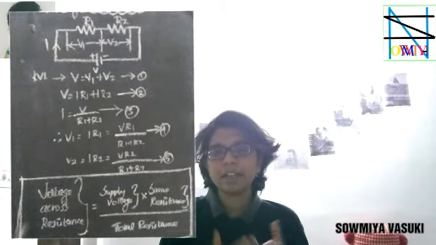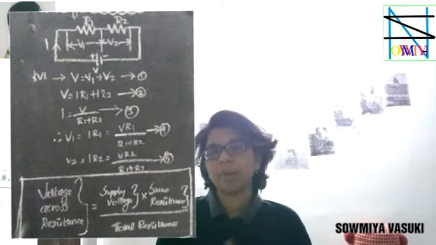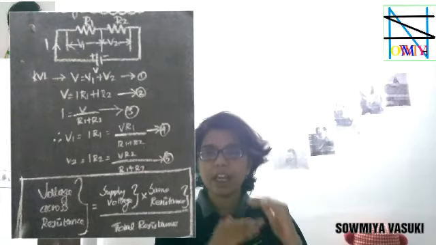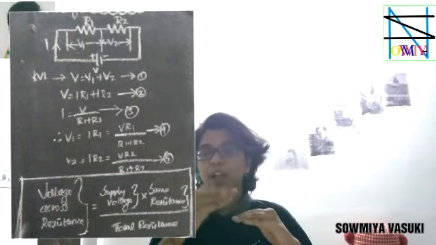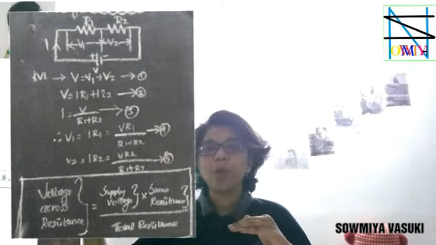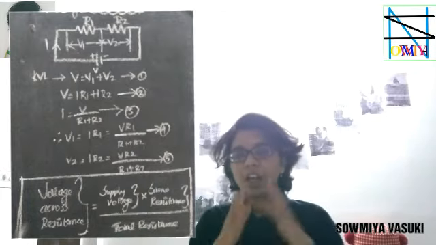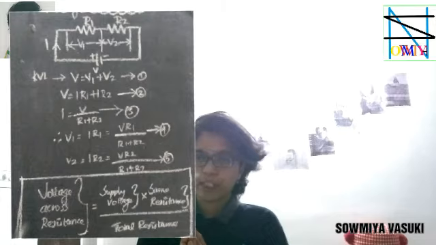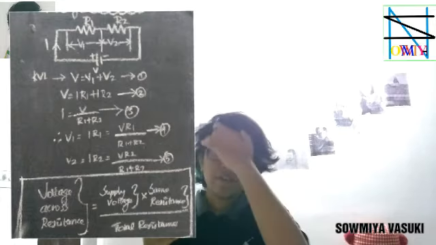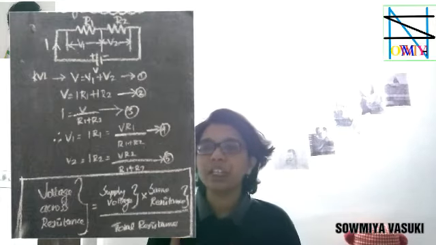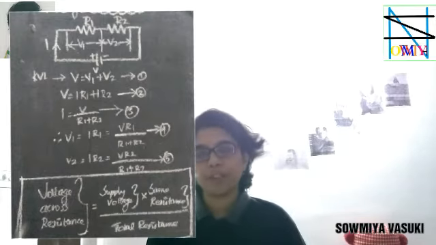Then I is equal to V divided by R1 plus R2. Applying this to the second equation, V1 is equal to V R1 divided by R1 plus R2.